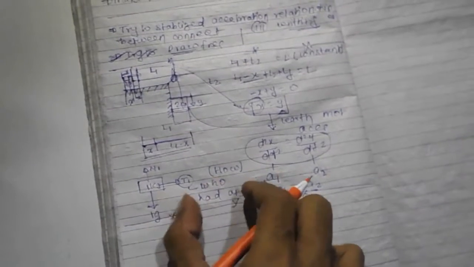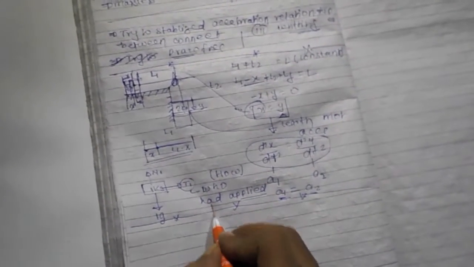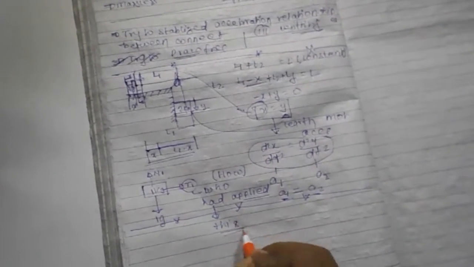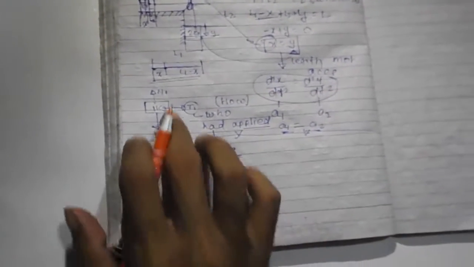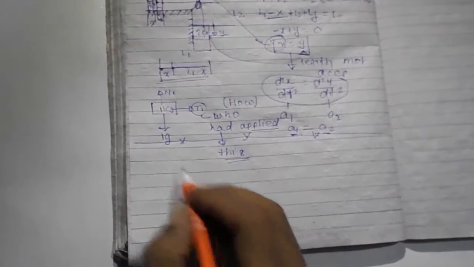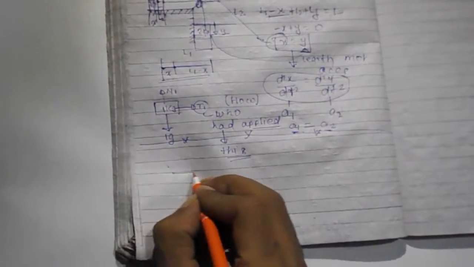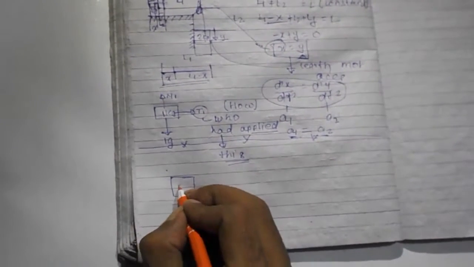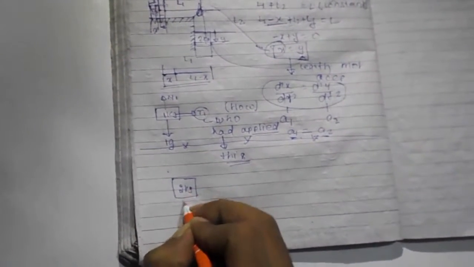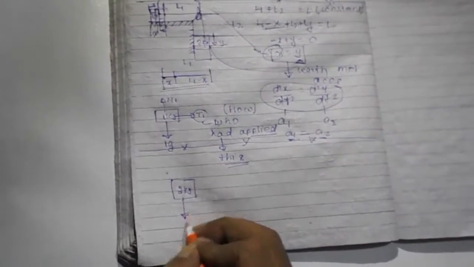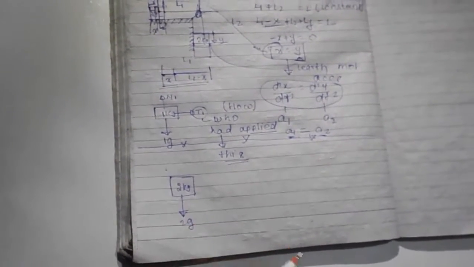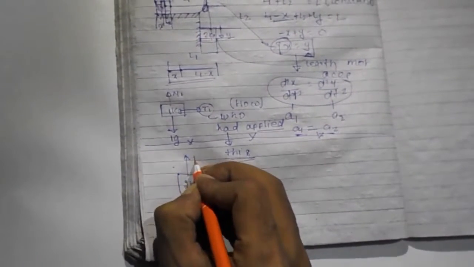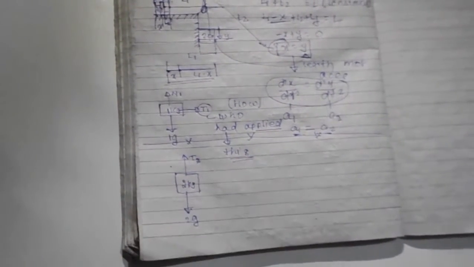If you do not know who applied this, you should work on yourself. Okay, this is for the 1 kg block. Now for the 2 kg block, this is 2g. This is T2.